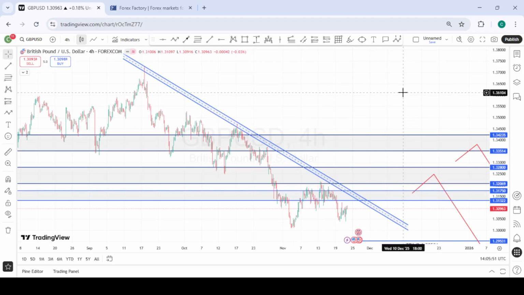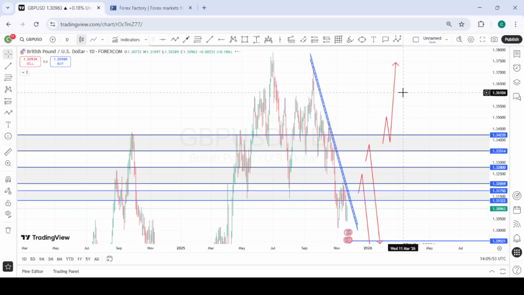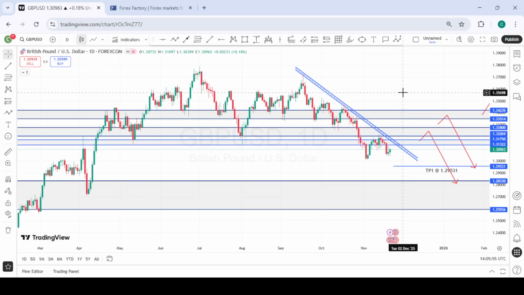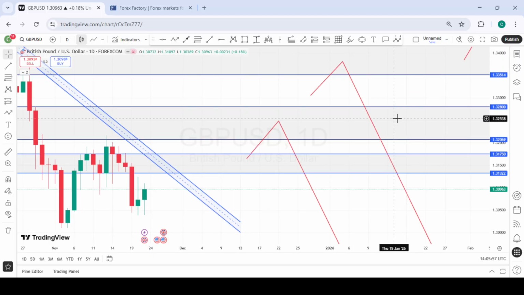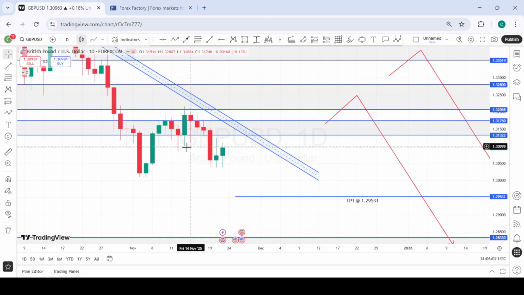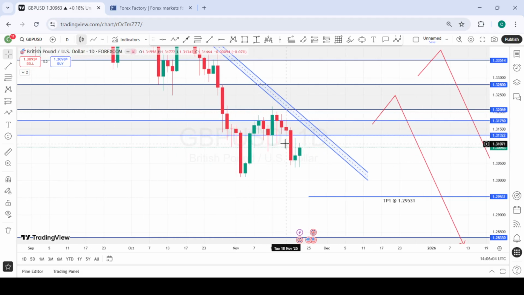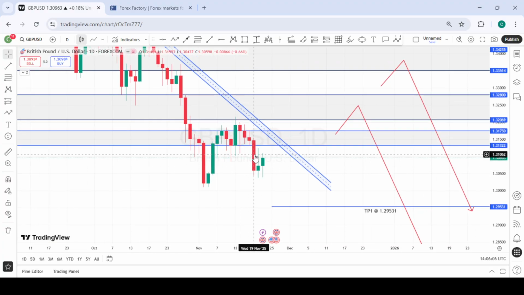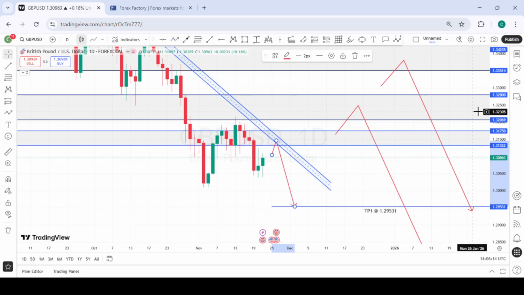We have here GBPUSD, and for GBPUSD we had this retest. Price was able to make its way to retest this weekly area of interest and give us a nice daily structural shift. So we're looking forward to a possible pullback into this zone, and that will also be a possible retest of this trend line, and look for selling opportunities to the downside.